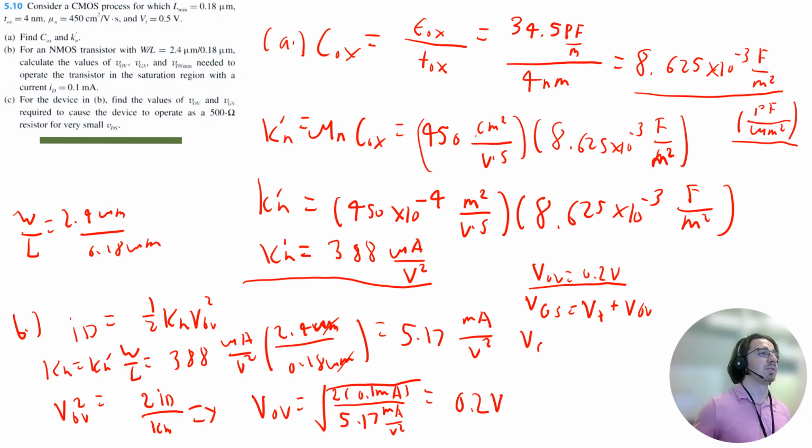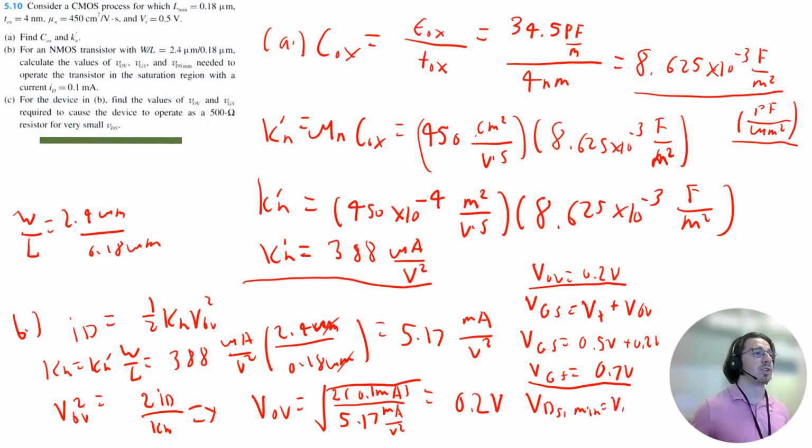So therefore my voltage from gate to source is equal to 0.5 volts plus 0.2 volts, which is 0.7 volts. And also, VDS minimum is actually just equal to my overdrive voltage. So VDS min is also equal to 0.2 volts.